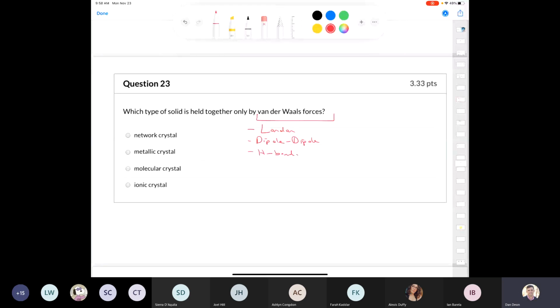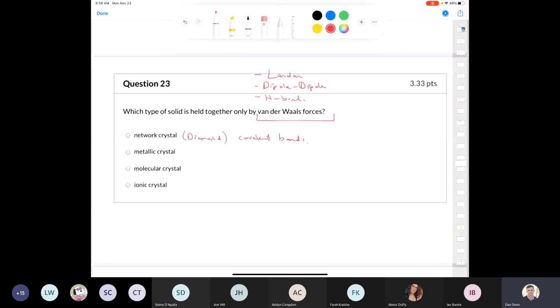Okay, we have a network crystal. A network crystal is held together by covalent bonds exclusively, isn't it? A network crystal is something like diamond, for example, okay? Or graphite, held together only by covalent bonds. So that's not a van der Waals force.